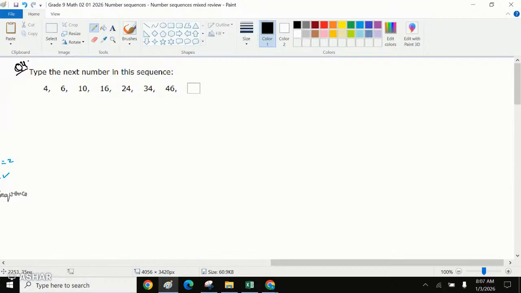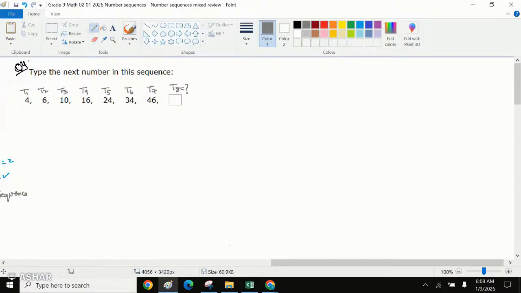The term 1 was 4, then 6, 8, 10, and so on. This is term number 1, term number 2, term 3, term number 4, term number 5, term number 6, term number 7, and we need to find term number 8, the last term of the given sequence.